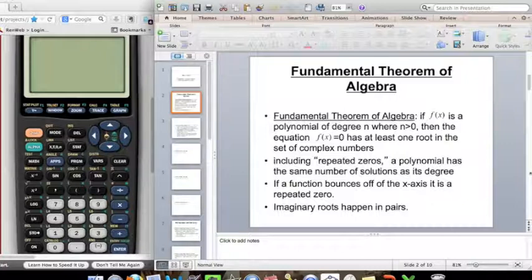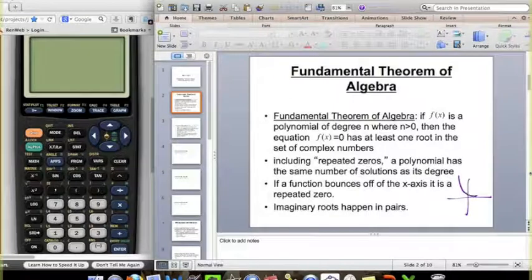It says if a function bounces off the x-axis, we call that a repeated zero. What that would look like graphically is if my function just hits and then turns around and comes back. So right here, this would be a repeated zero because it just bounces on the axis. Usually it's a double, so usually that would count as 2 answers.